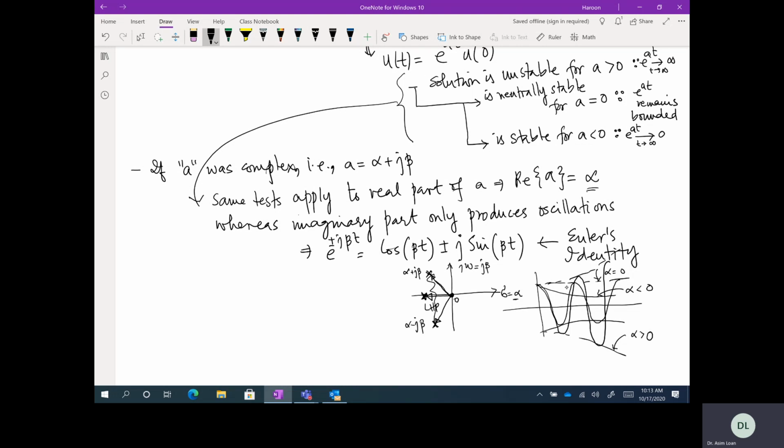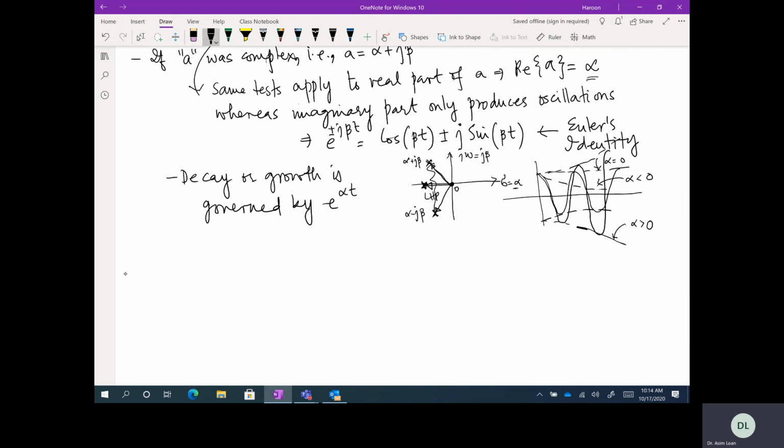This is the beta that causes these oscillations, and alpha is the one that causes the decay or growth. So decay or growth is governed by e^(alpha t).